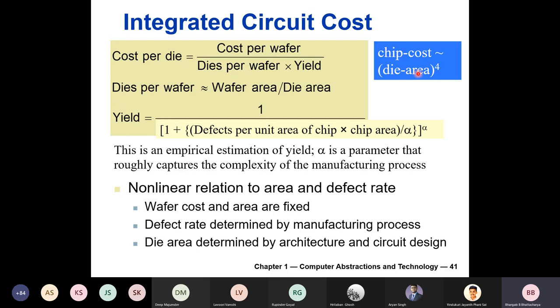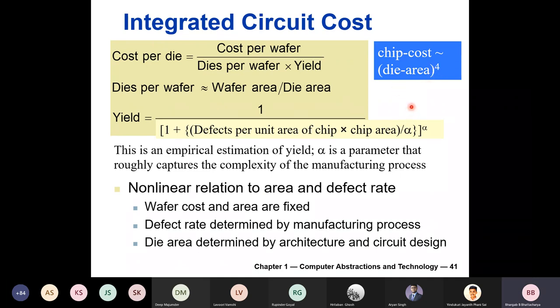The basic idea is that if the area of the die increases, the number of defects also increases, and that reduces the yield, and therefore the chip cost increases. Considering all the parameters, the chip cost happens to be the die area to the power 4. So they want to minimize the die area.